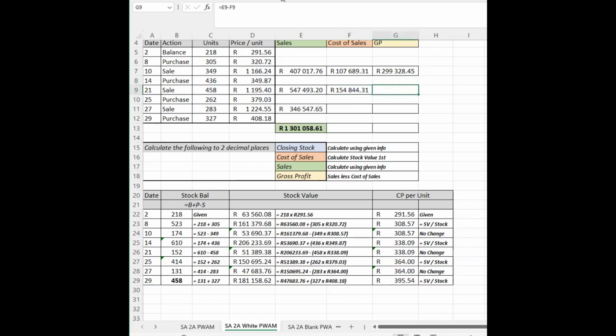Once again, we can calculate the gross profit. Then the last sale we made was for 283 units. We're going to multiply that 283 by the cost price that we used when we made that sale, which was 364. We get to a value of 103,000, and we can calculate the gross profit.